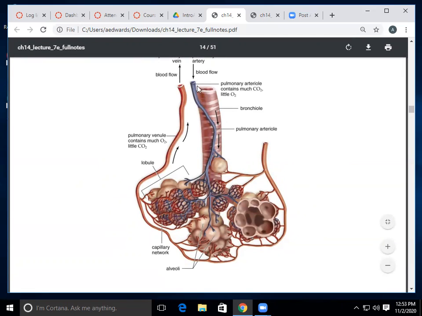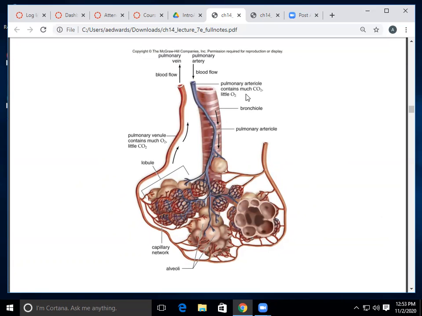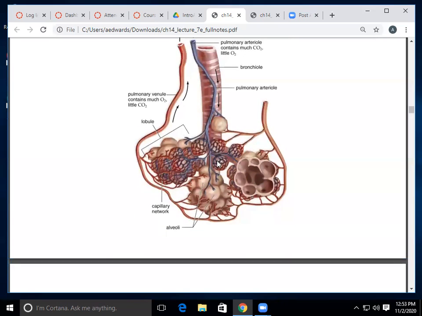Okay, then you get to this arteriole, and it's going to have a high concentration of carbon dioxide, low concentration of oxygen. All right, because it's going to the lungs to get oxygen. Goes in this arteriole, goes to the capillaries. All right, and these capillaries surround the alveoli.